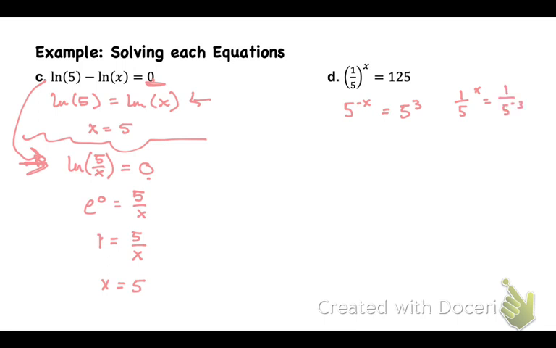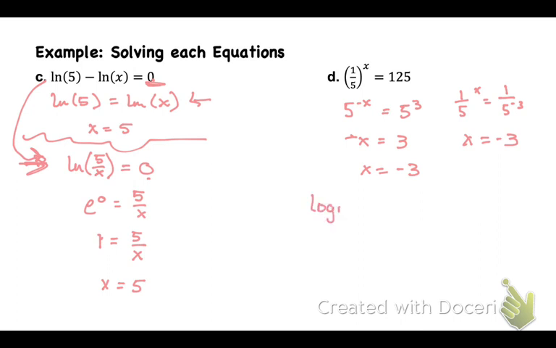Is that what you said? Or did you say 125 to the negative third? Okay. So, do both of these work? Yes. They both work. So, x equals negative 3, negative x equals 3, but x still equals what? Negative 3.